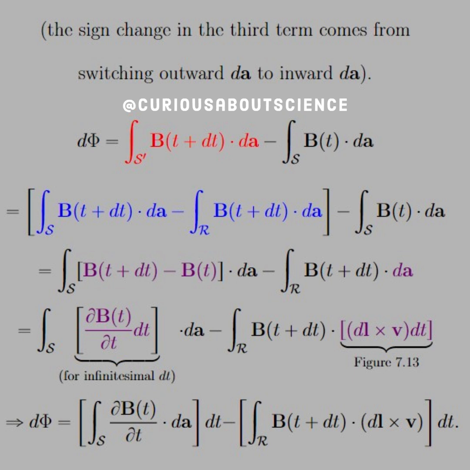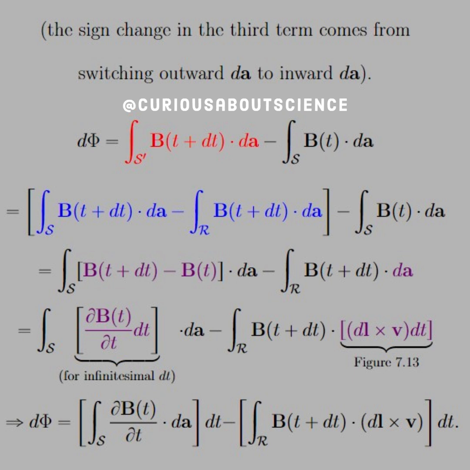Now what we need to do is combine the integrals that have the same surface S. So that's B of t plus dt minus B of t, dotted with dA. And for the ribbon R, our dA is pointing outward, or pointing differently than the dA in the S surface.